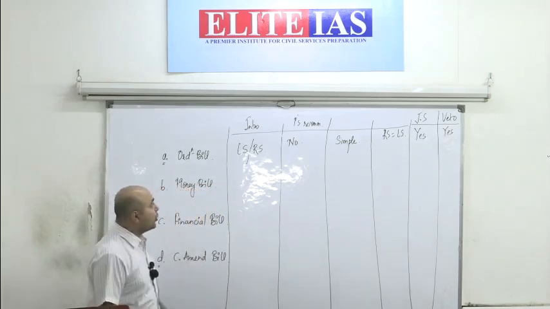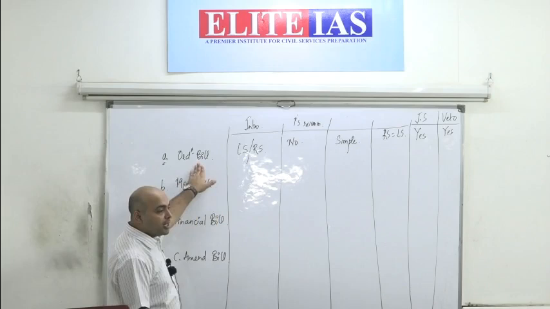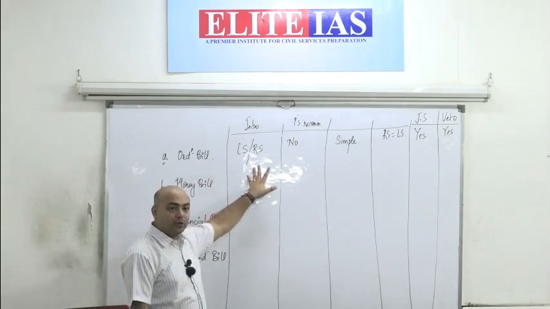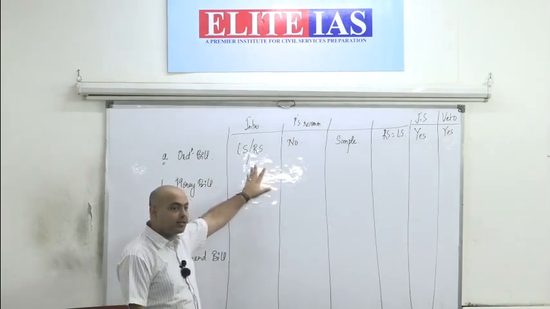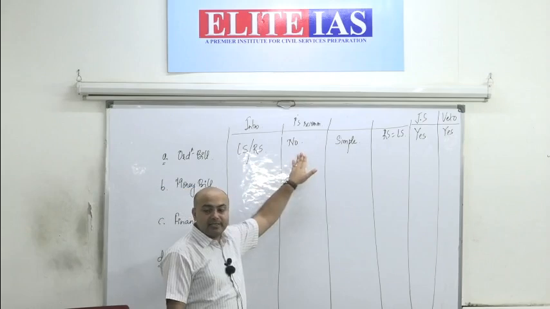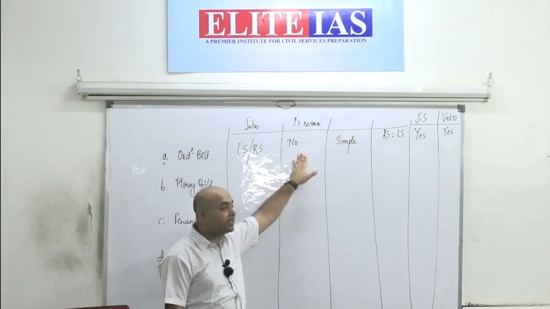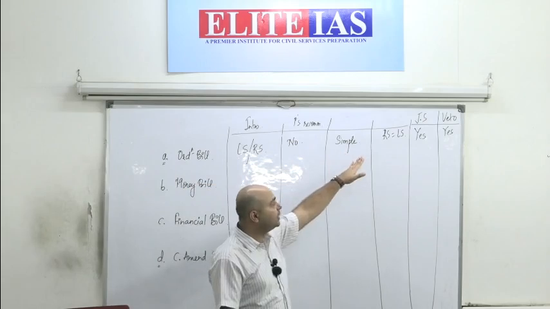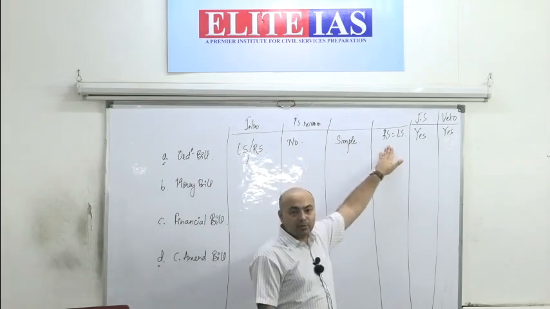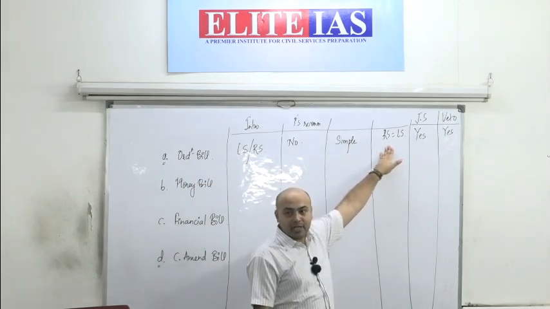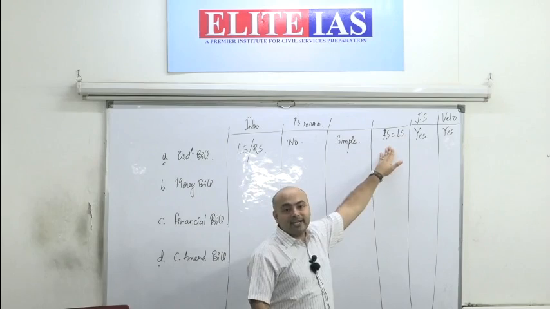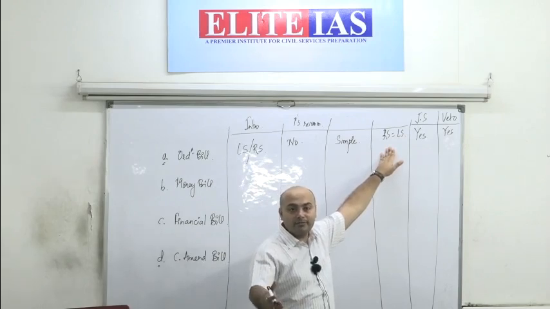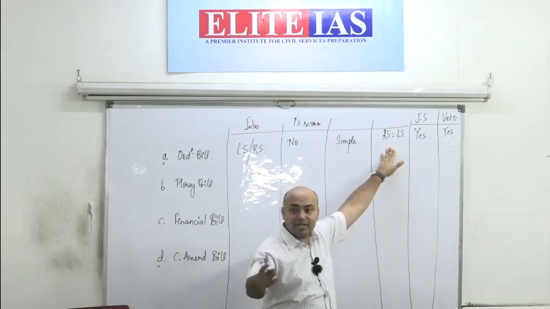Clear? So what is an ordinary bill? An ordinary bill can be introduced in both the Lok Sabha as well as the Rajya Sabha. It does not require the President's prior recommendation. The majority needed to pass it is a simple majority. The Rajya Sabha and Lok Sabha both enjoy equal powers. Because they enjoy equal powers, there can be a constitutional deadlock. That means one of the houses can reject the bill.